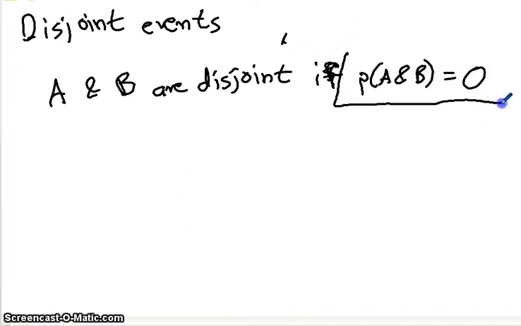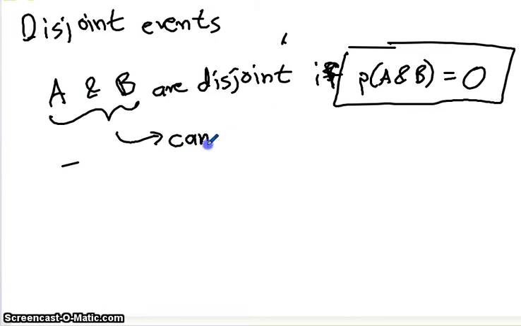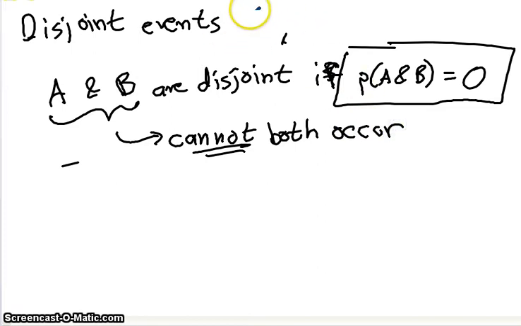This is basically the definition of disjoint events. So A and B cannot both occur. Another way of saying disjoint events is mutually exclusive.